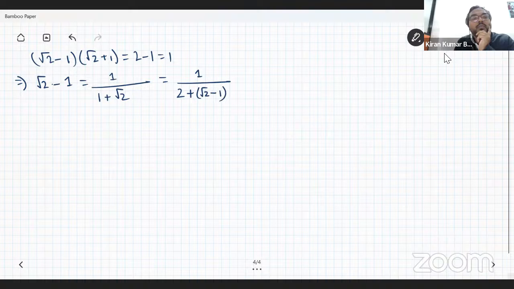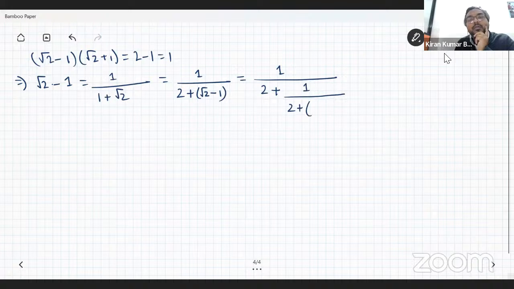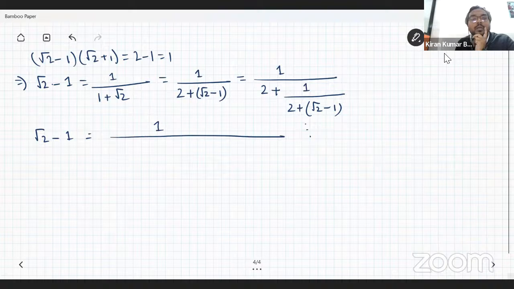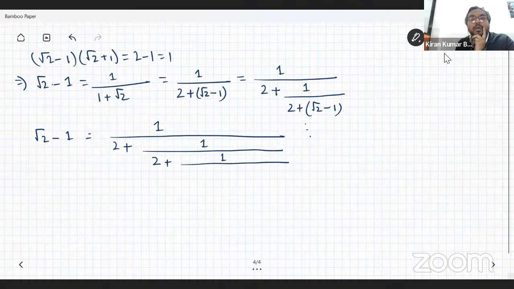So √2 - 1 is 1/(2 + (√2 - 1)). I'll substitute the value for √2 - 1 again. And I can continue. So what I finally have is √2 - 1 is 1/(2 + 1/(2 + 1/(2 + and so on.